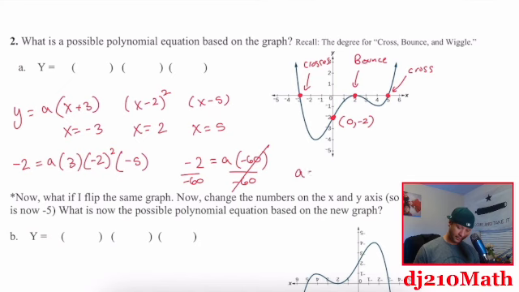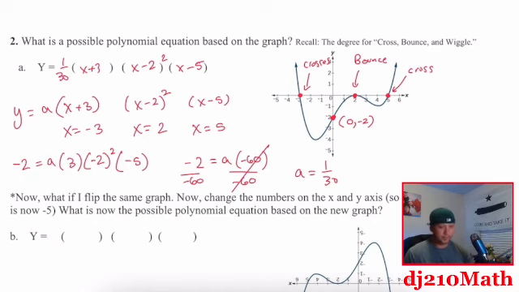And a is equal to positive 1 over 30, right? Because 2 over 60 reduces. Negative divided by negative is a positive. So a possible polynomial is going to be 1 over 30 times x plus 3, x minus 2 squared, x minus 5. This is one possibility. Okay.